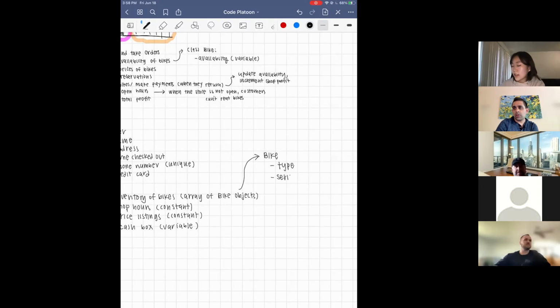Oh no, I think the type is still not really unique to the bike itself because in this example, I only drew like 3 bikes, but this could be like a bike shop with 300 bikes, and they might have a lot of different bikes with the same kind of attribute. So like they might be the same type, but their serial number will be different. So the serial number could serve as the unique attribute in this case.